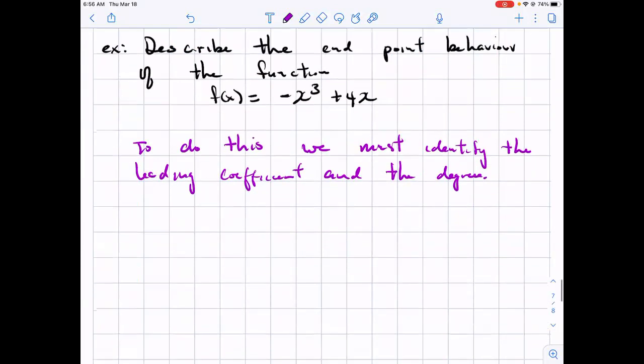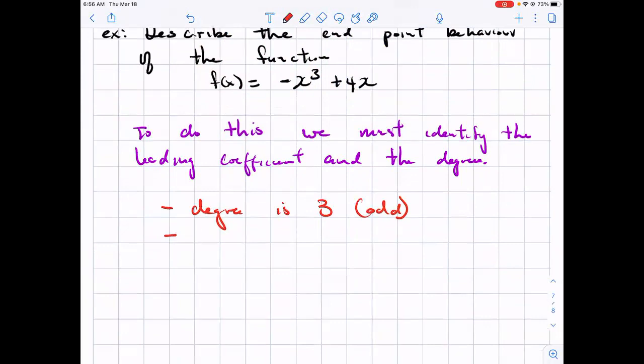Notice that the degree is 3, odd, and the leading coefficient is negative.